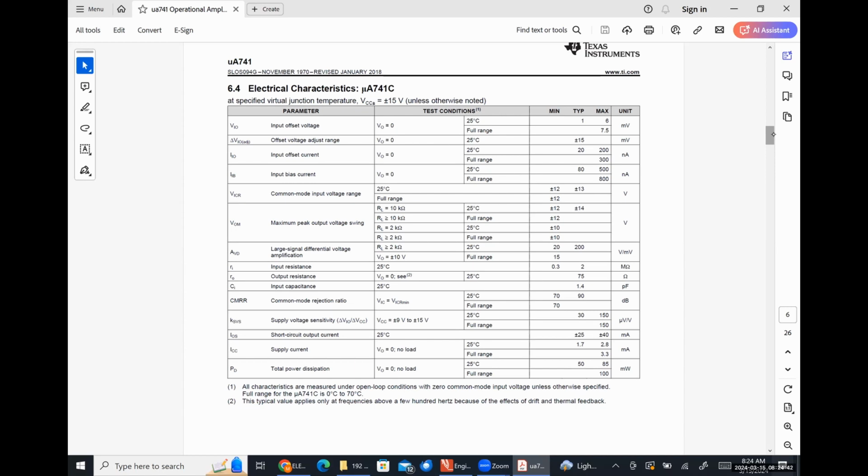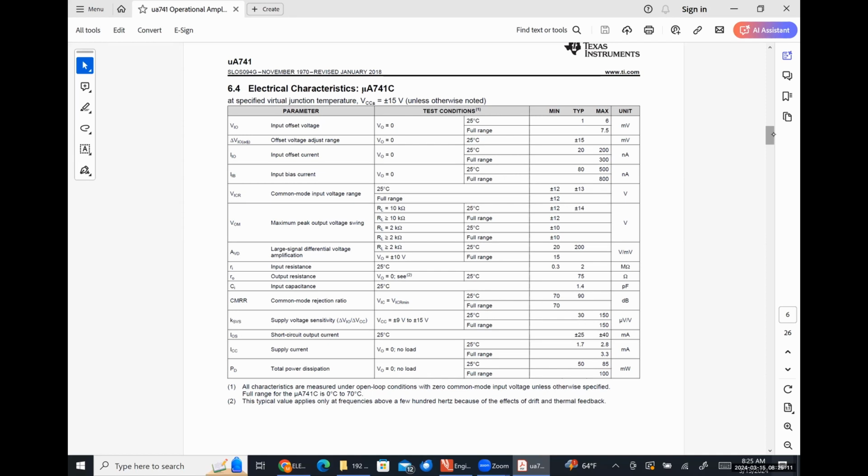The output resistance for this particular amplifier is usually somewhere in the ballpark of 75 ohms. So that's just ohms, not mega ohms or kilo ohms or anything like that. So there's a huge disparity between the input resistance and the output resistance of this particular op amp and practically every op amp.